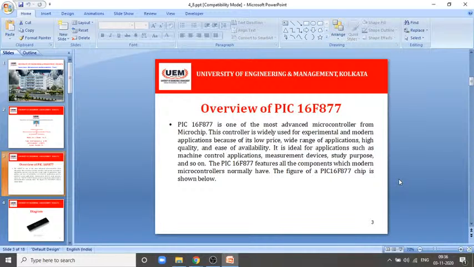Similarly, input devices are keyboard and mouse, and output devices are LED or LCD display, monitor and printer. So these components must be there in the microcontroller.